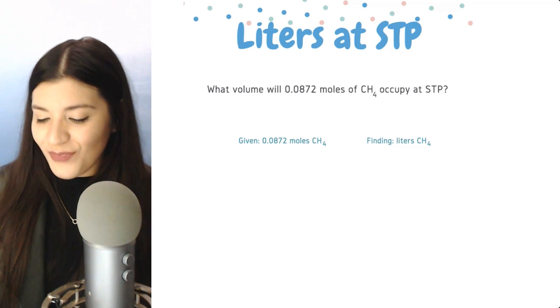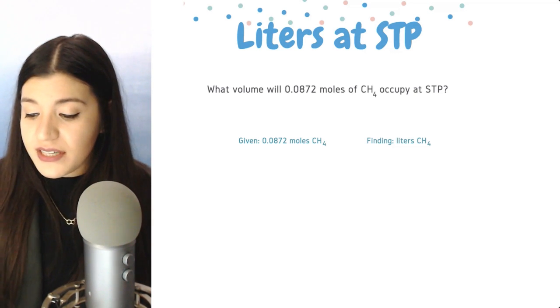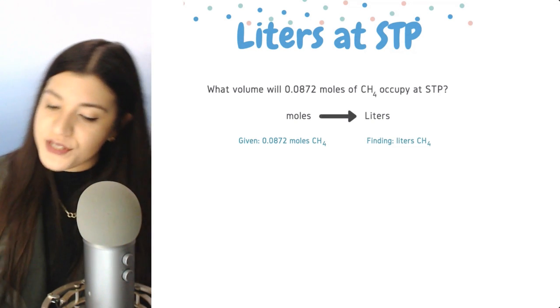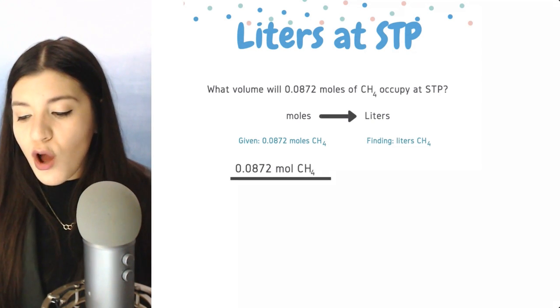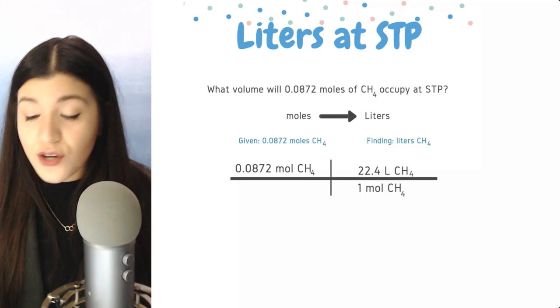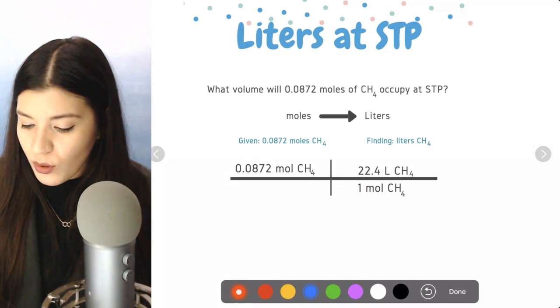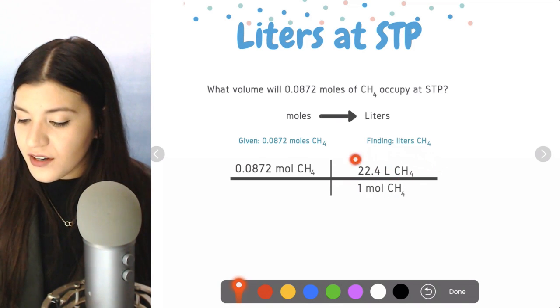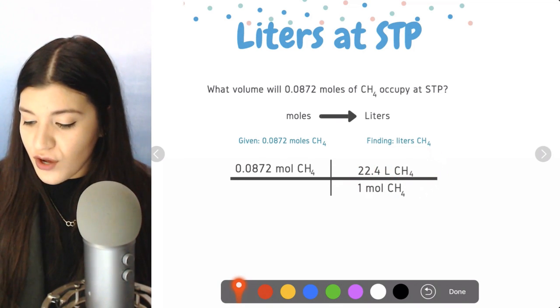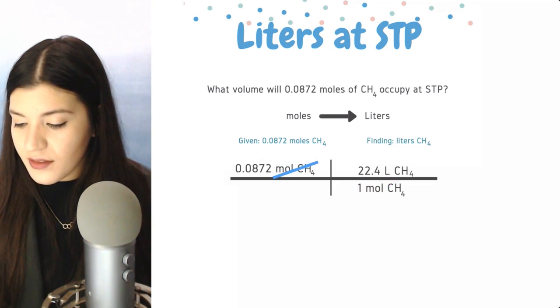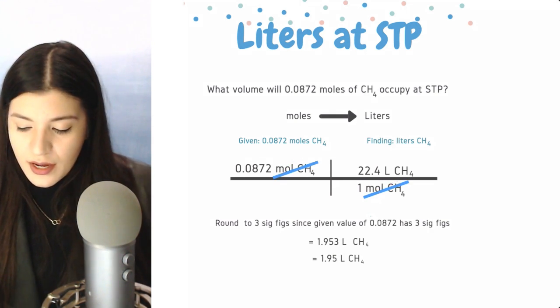So our given is 0.0872 moles, and we're going from moles to liters. We'll start off with our moles, and align the units across from each other so they can cancel. That's why we have the 1 mole on the bottom, and the 22.4 liters on top. Those would then cancel, and we're left with our answer.